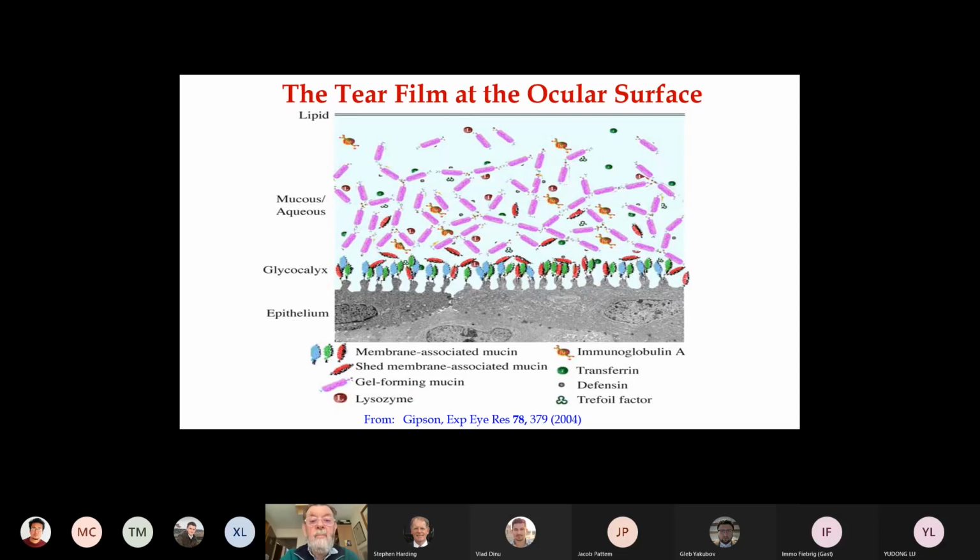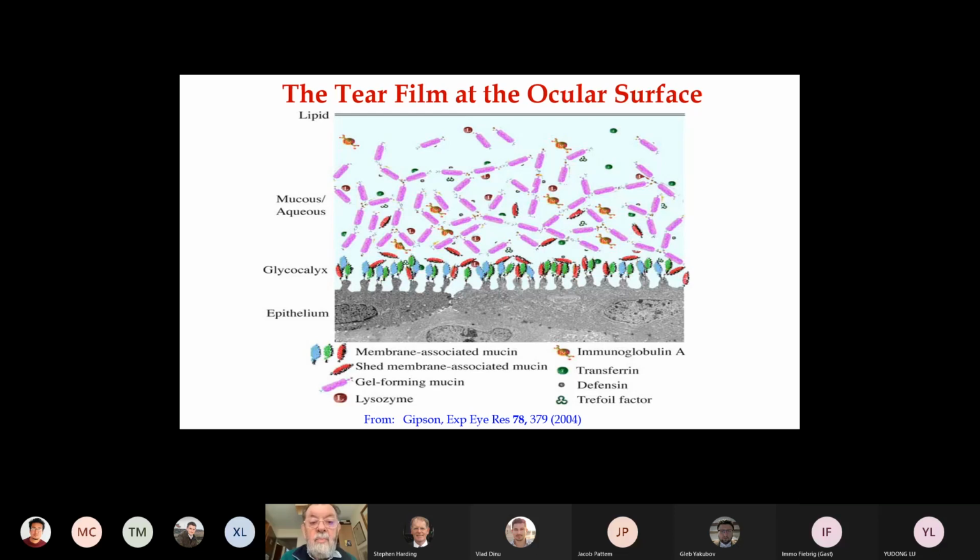Okay, so if we move on to the ocular surface now, again, just a brief overview. Here, this is the structure of the ocular surface. At the bottom, you can see the epithelium. You can see on top of that the glycocalyx, where the membrane-associated mucins are anchored into the surface epithelial cells.